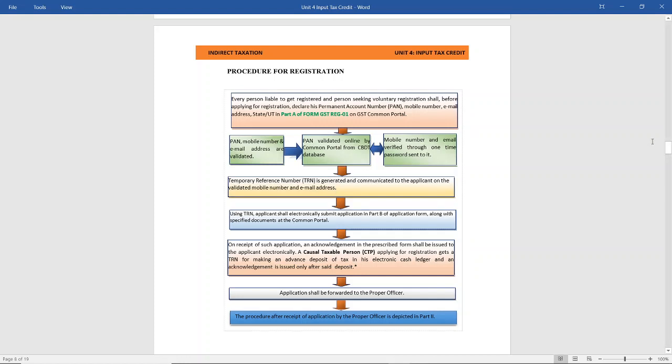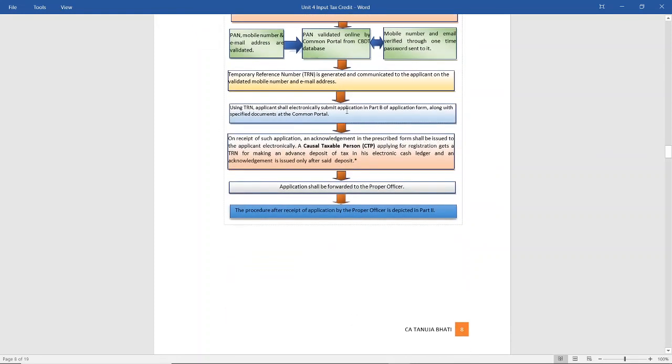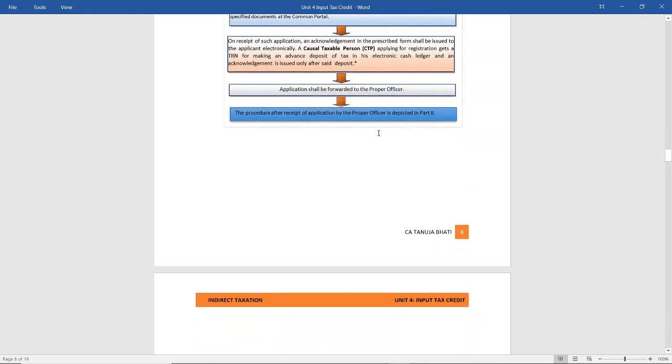Now, using this TRN, he is going to fill the application in Part B. Part A is already filled. Part B is filled along with some specified documents that are asked for at the portal. This application that he is filling in Part B will be forwarded to the proper officer.